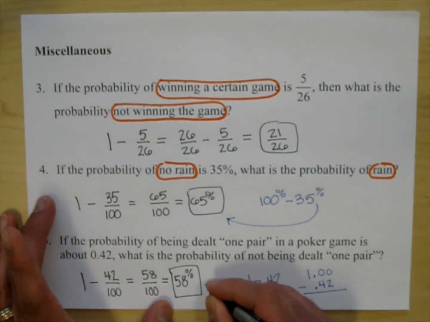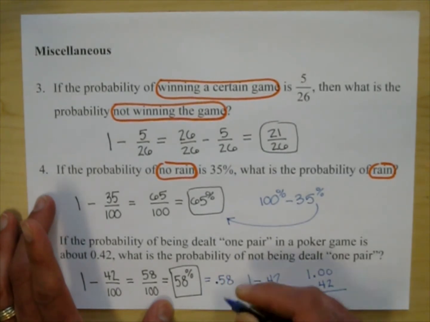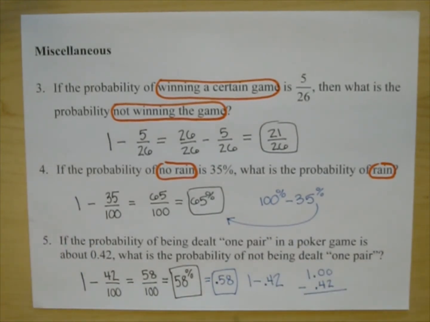But we could have just said that this is 0.58 as well. Okay. And maybe most teachers would prefer this because the given was written as a decimal as well. Both are acceptable. You can even go 58 over 100 and reduce that and write it as a reduced fraction.